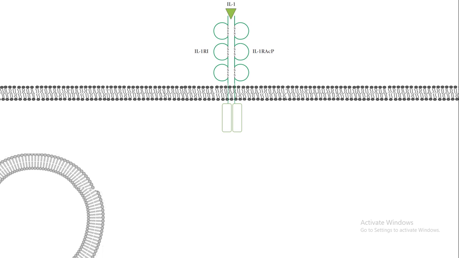At the cytoplasmic end it has an important domain known as the TIR domain, which binds MyD88. MyD88, also known as myeloid differentiation protein, also has this TIR domain.